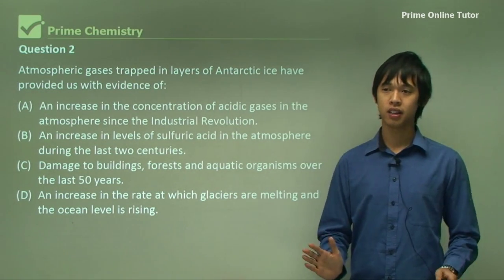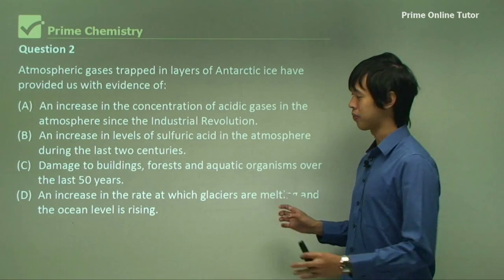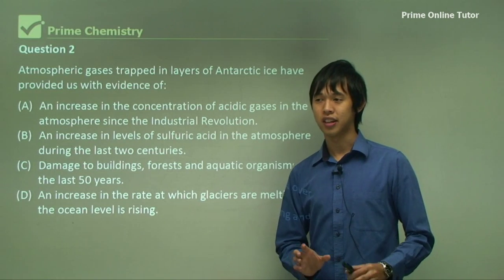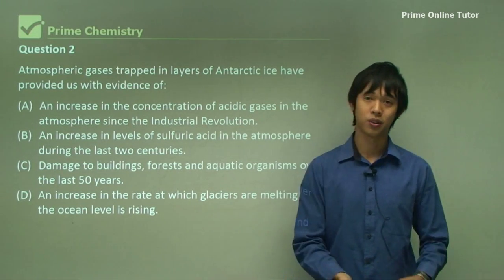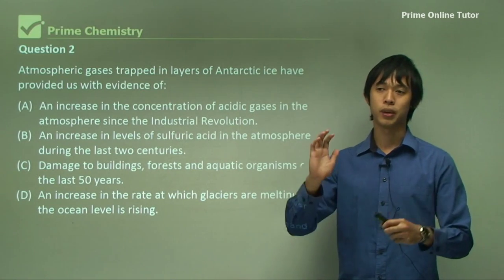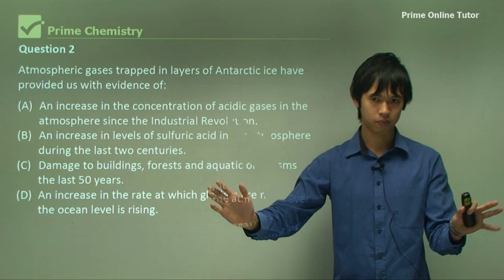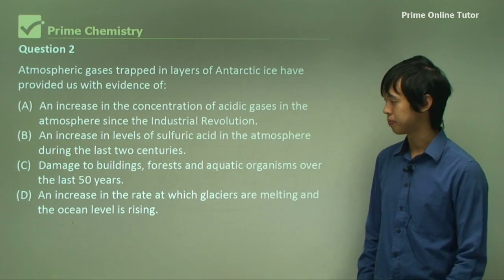No way. Okay, Antarctic ice has nothing to do with buildings, so you can't say that Antarctic ice provides evidence for damage to buildings. So that's just part of being a scientist, being able to link the evidence to the conclusion. Okay, so C is not an answer.